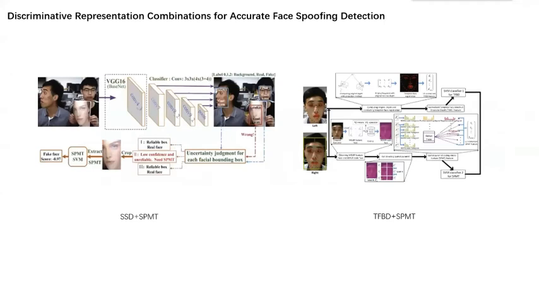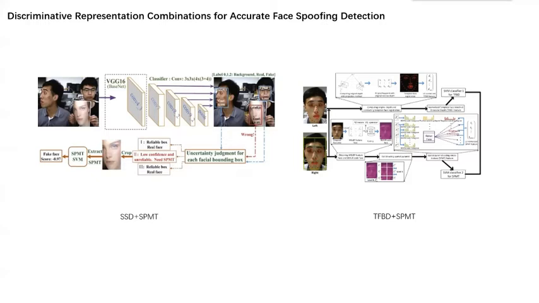The third is discriminative representation combinations for accurate face spoofing detection. It shows that the SSD plus SPMT method first uses SSD for judgment. If the judgment of the face is uncertain, SPMT is used to characterize local features, and this can ensure that the features have multi-scale characteristics.